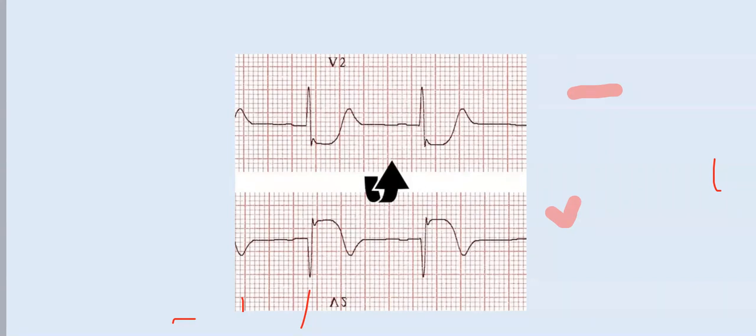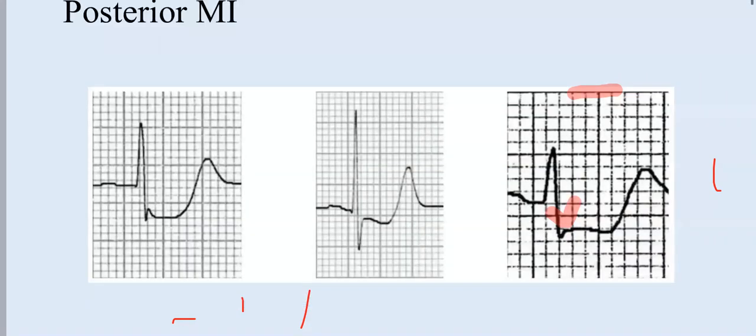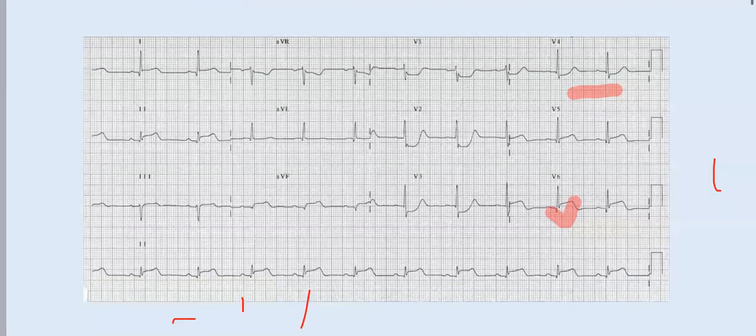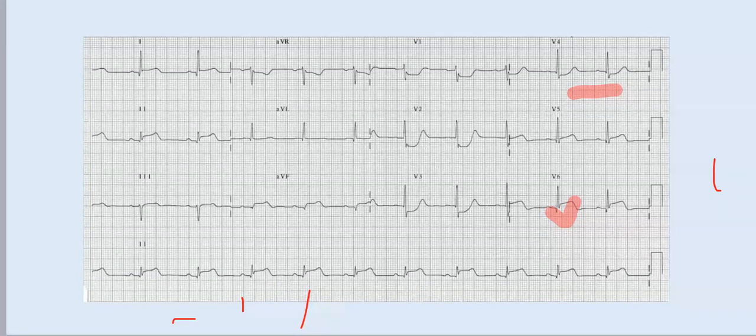That's why they call it mirror image of ST segment elevation in the posterior. Okay. But this is شكل الposterior MI in V1 and V2. هنا this is posterior MI لكن part of lateral and inferior, so no big deal. لكن لما تيجي isolated هنا بتكون المشكلة.